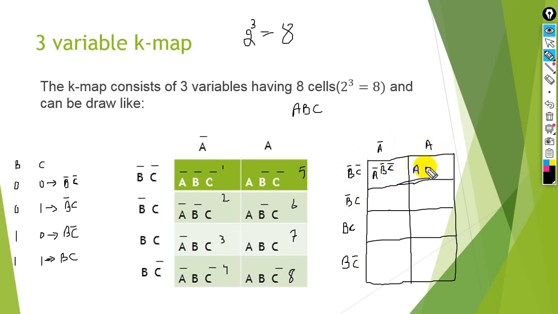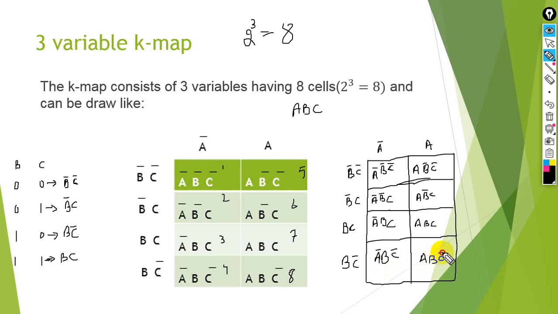A B bar C bar, which is A bar B bar C... from the top A, from the side B C. Next A bar B C bar, next A B C bar.